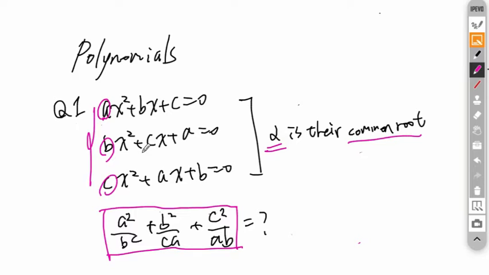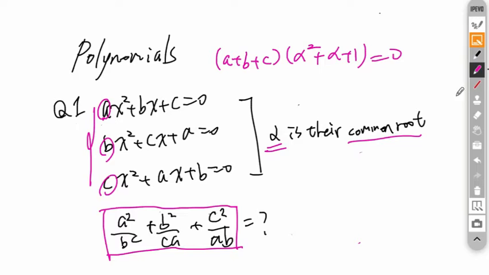A common way for us to solve these kinds of rotational polynomials is to add these 3 equations together. When adding these 3 equations together, we can find that (a plus b plus c) times (alpha squared plus alpha plus 1) will be equal to 0.